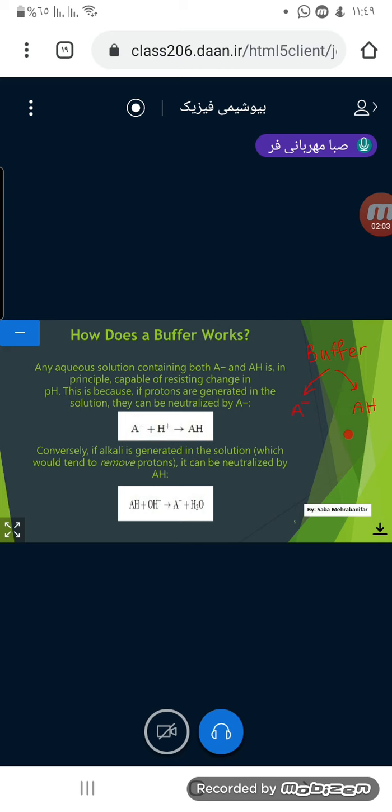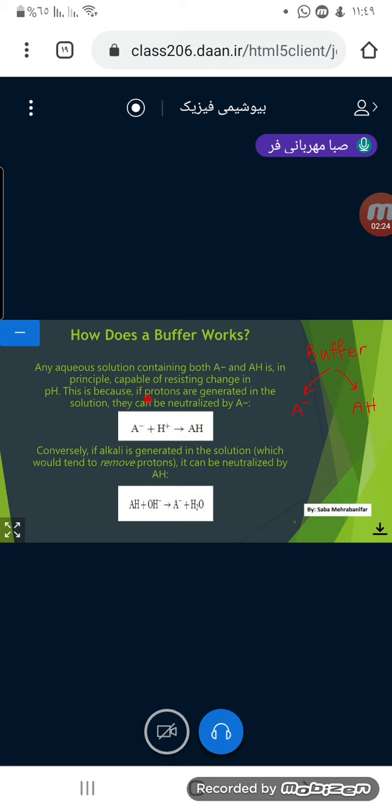Sometimes A minus acts and other times AH acts. In fact, any aqueous solution containing both A minus and AH is in principle capable of resisting change in pH.